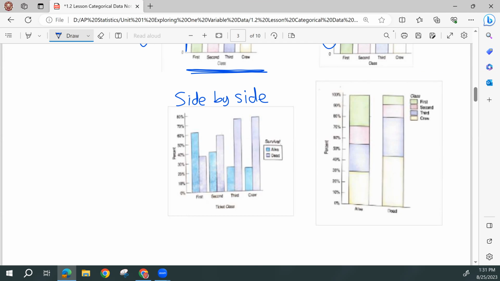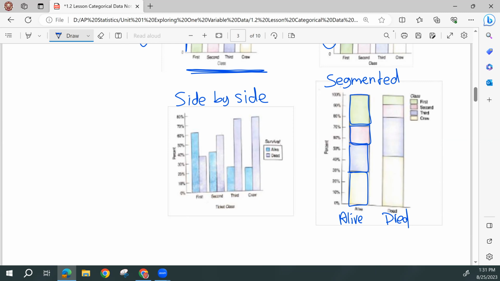And then here we have a segmented bar chart where this bar represents those who lived, and this bar represents those who died. And so each of these parts of the bar represent the proportion of people in each class, first, second, third, or crew.